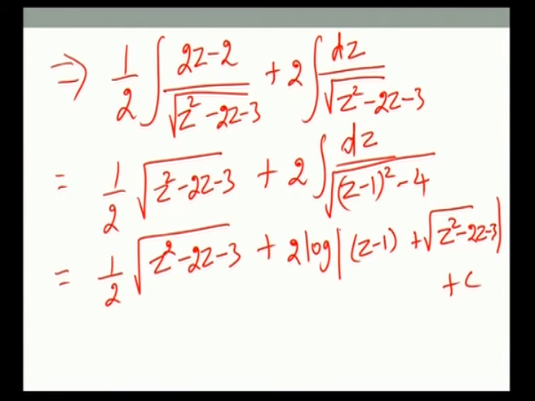This is in the form of the integral of 1 by square root of x square minus a square. So in this case log of x plus that expansion will come.